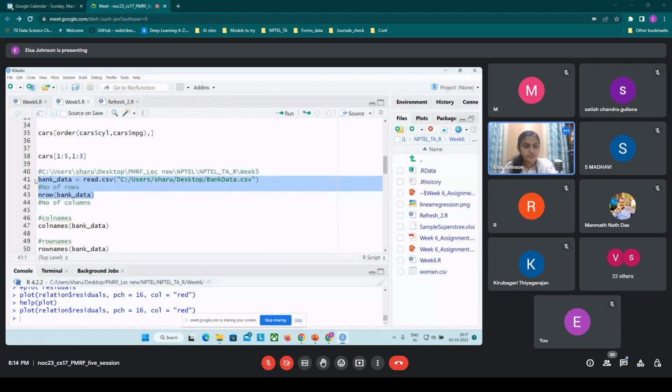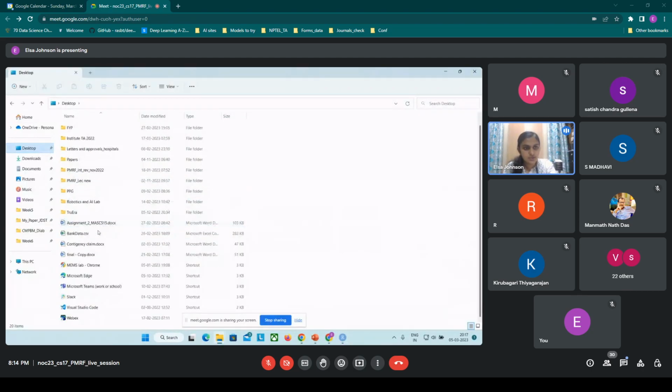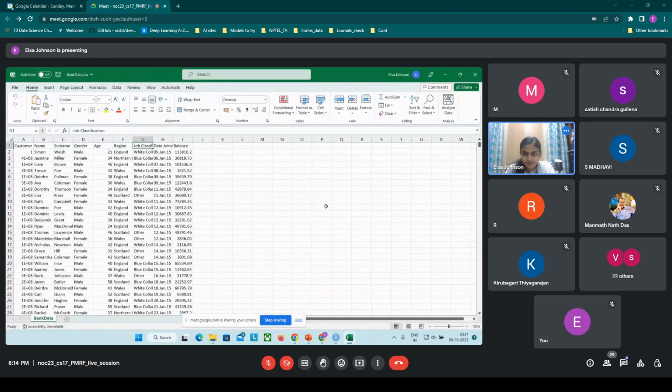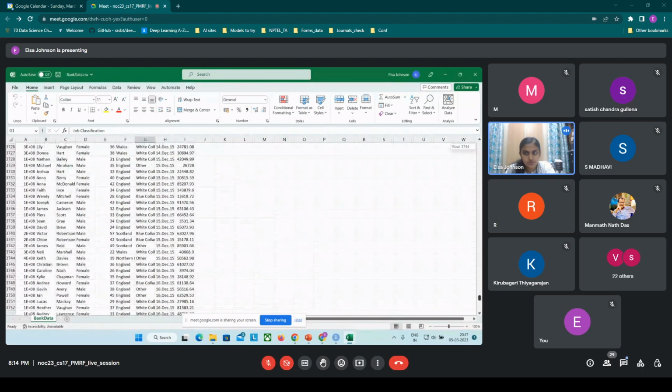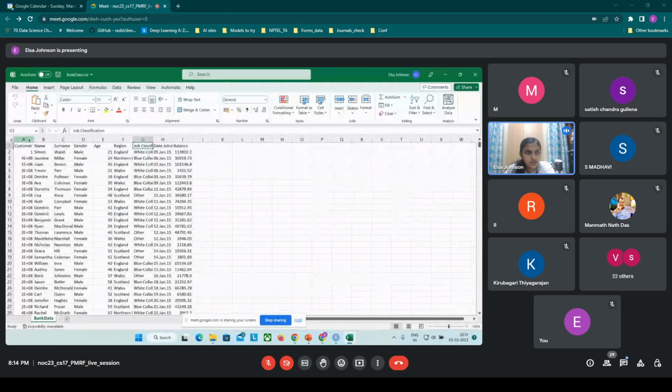So I am just having bank data. Right now I have saved it on my desktop. So this is the bank data. This is a data set with so many rows. Around 3000 something rows are there, and these columns: customer name, surname, gender, age, region, job classification, date joined, and balance.